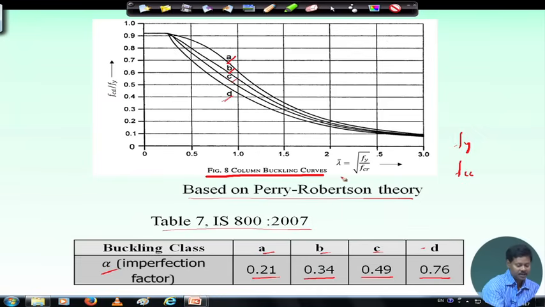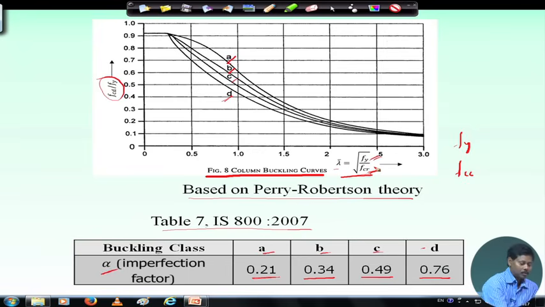Here you can see that along the x direction it is lambda bar, non dimensional, that is square root of f y by f c r, and along the y direction f c d by f y, where f c d is the design compressive stress, f y is the yield stress, and f c r is the elastic critical stress, right.